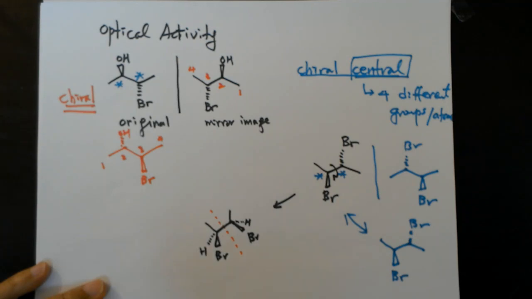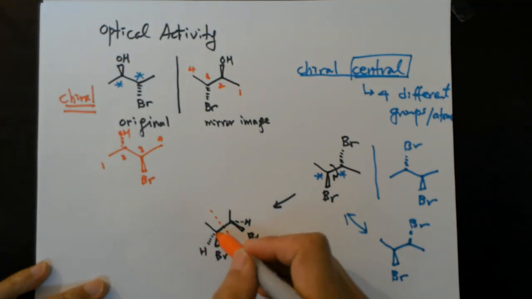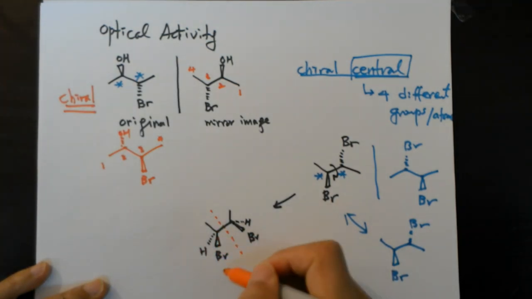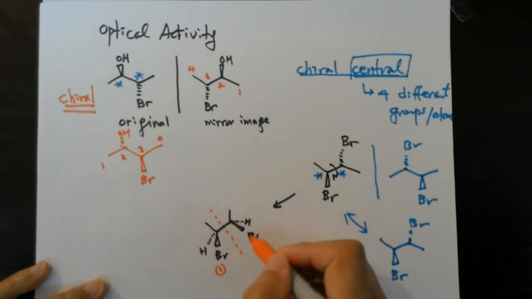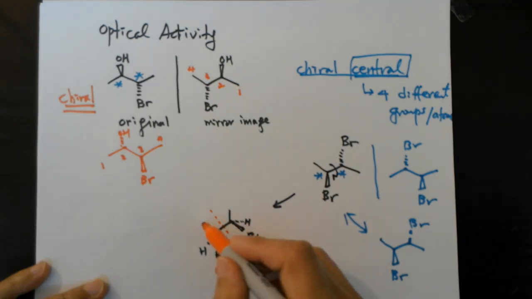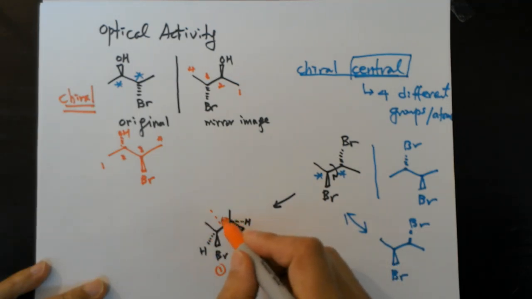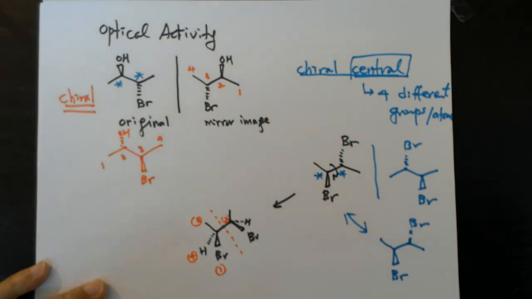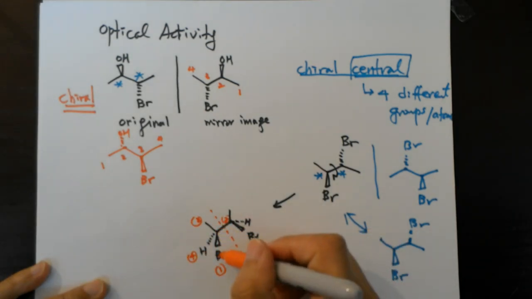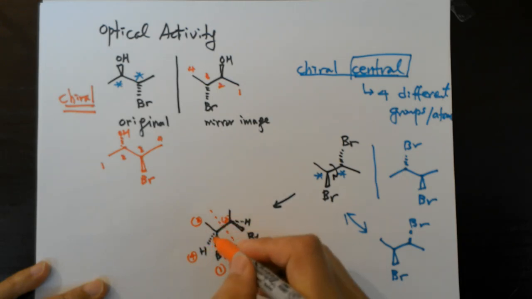For the configuration, Br is the heaviest atom, number 1. Then carbon and carbon, but this one has carbon, bromine, hydrogen rather than hydrogen, hydrogen, hydrogen. So number 2, number 3, and number 4. Then you put number 4 away from you and you see that it is 1, 2, 3, and that is S because it goes counterclockwise.